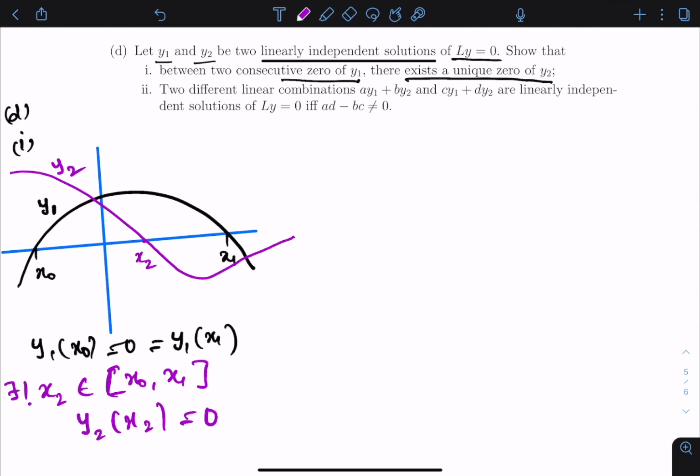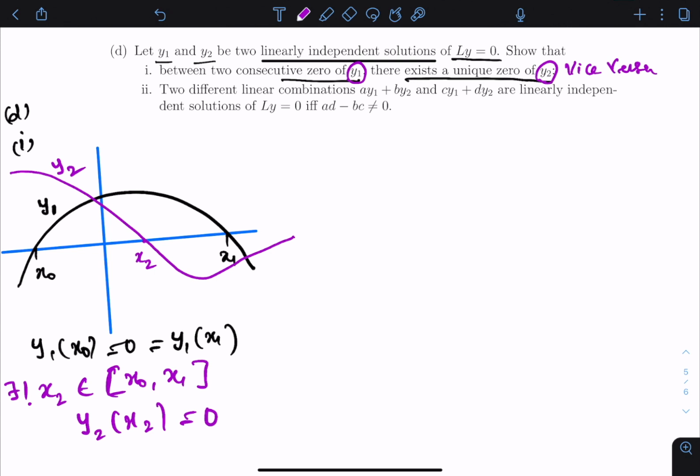And this statement is also true vice versa, in the sense that I can interchange the roles of y1 and y2, right? Because if this is true for y1 and y2, and if y1 is linearly independent of y2, y2 is also linearly independent of y1. So between two consecutive zeros of y2, there will be a unique zero of y1.